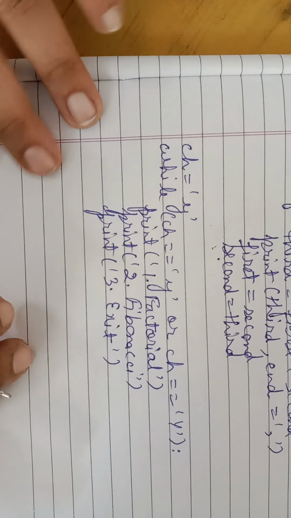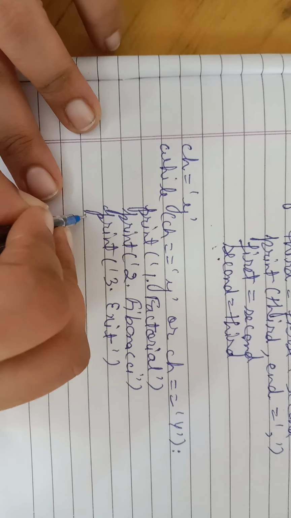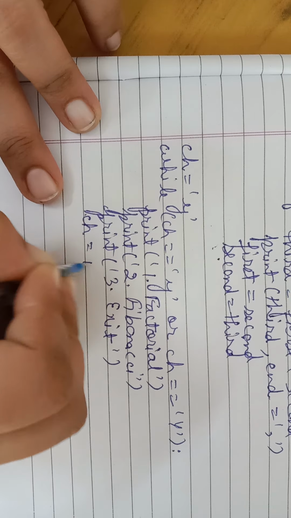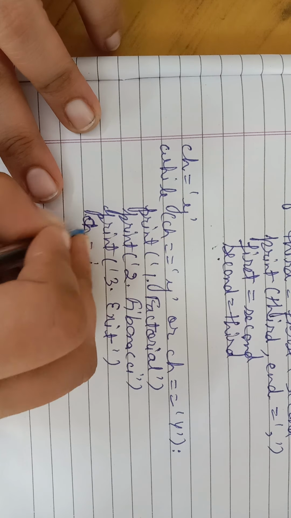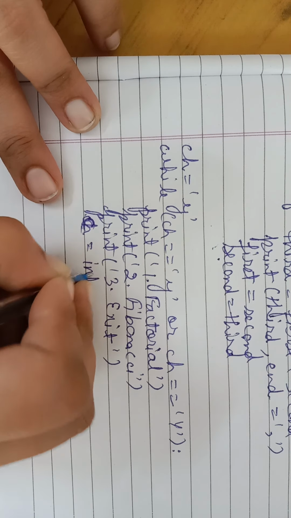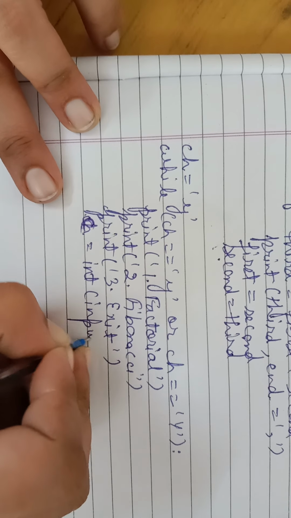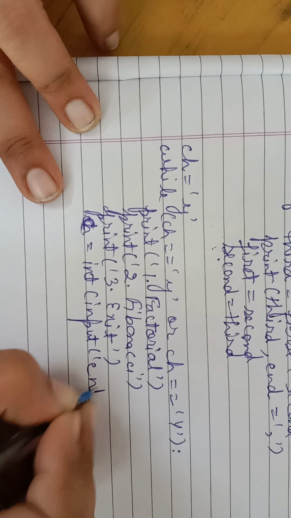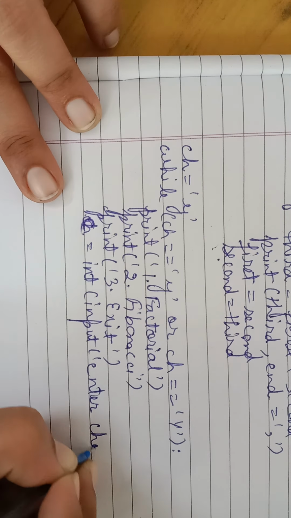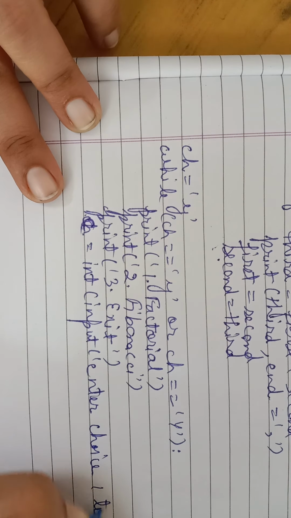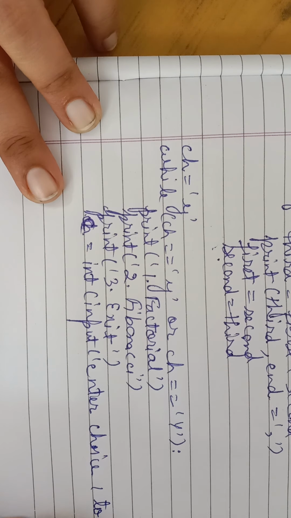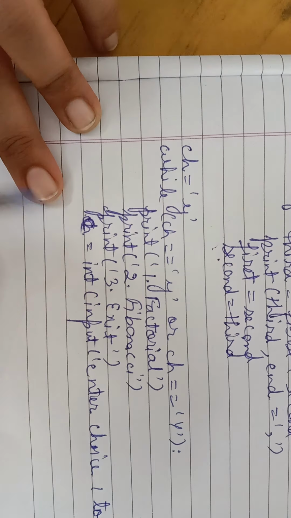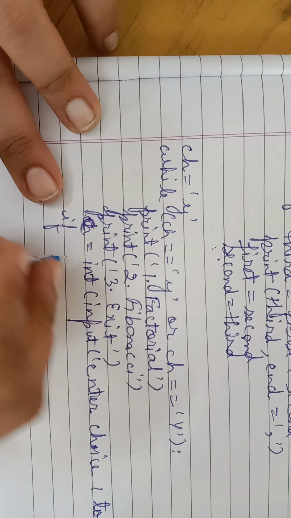Here children, first we are going to ask the choice of the user. C is equal to integer input, enter choice 1, 2, 3. Okay. After input we are going to check the choice of the user.